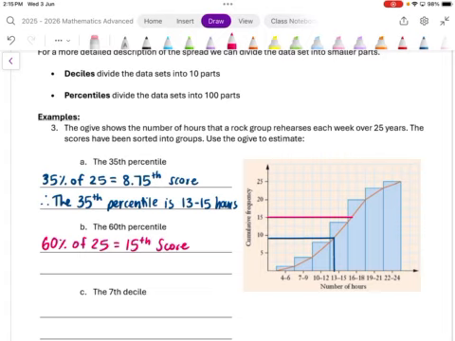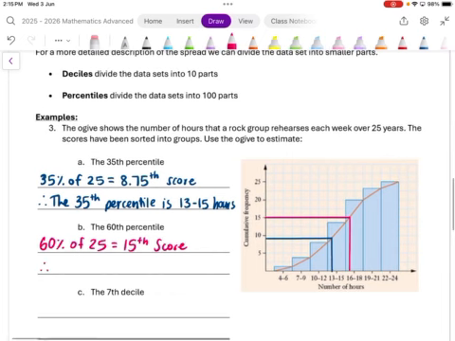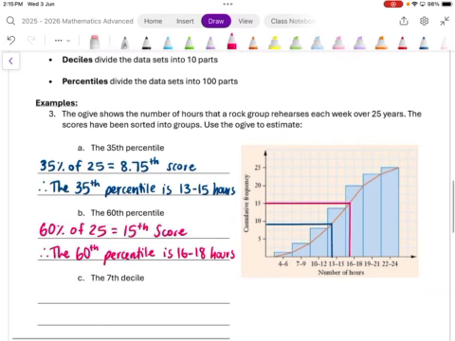When we scroll this down, we get that the 15th score is that the 60th percentile is between 16 and 18 hours. Finally, we have our 7th decile.